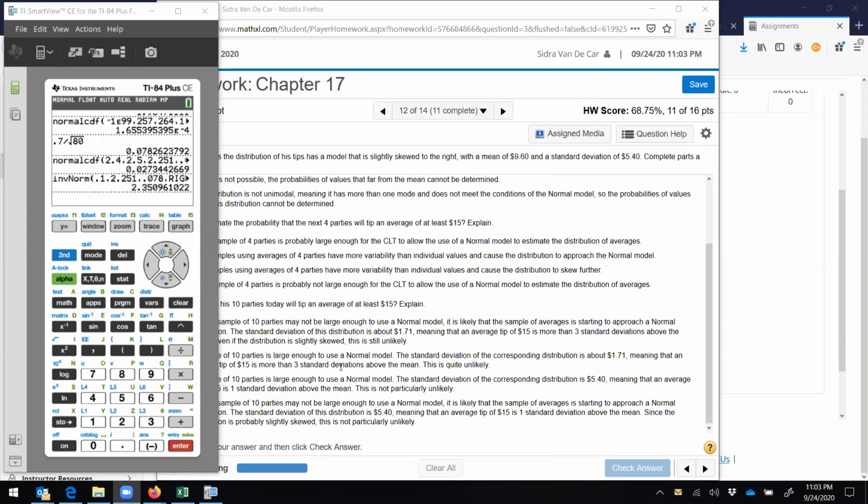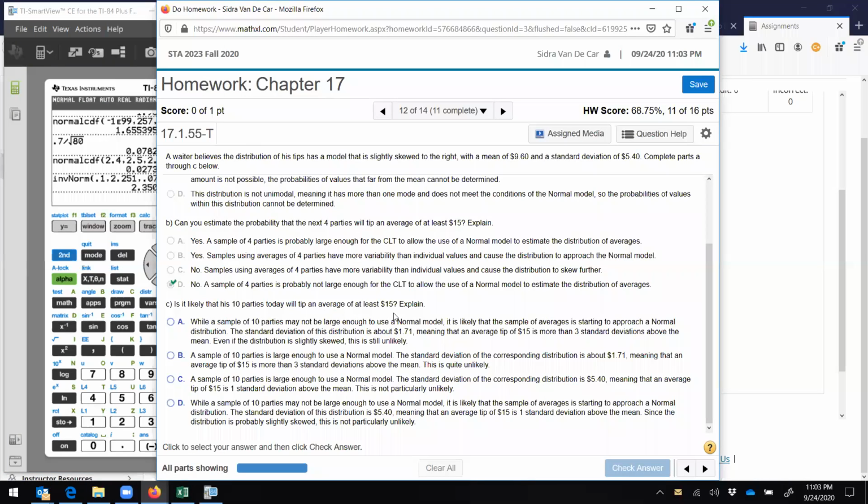We wanted the probability that his 10 parties today will tip an average of at least $15.